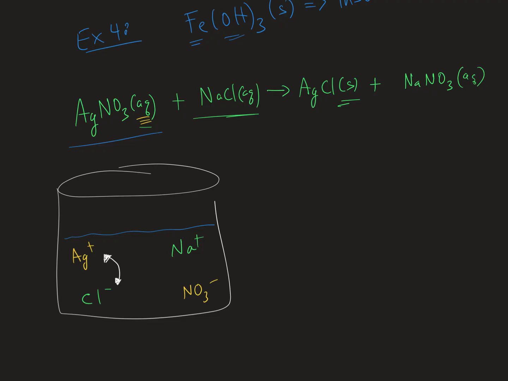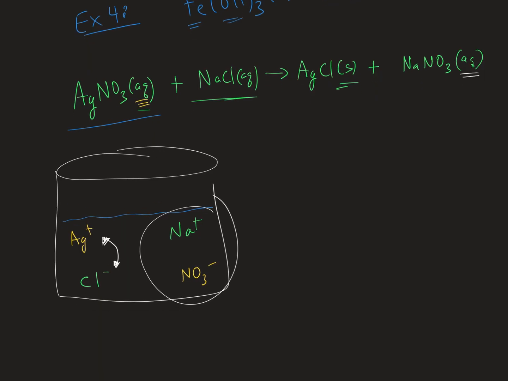Well, these are opposites too. Not quite, but good. Because silver and chlorine are insoluble. So they come together and clump up into a solid. Does sodium and nitrate come together? No. It's still aqueous. It stays dissociated. You with me?